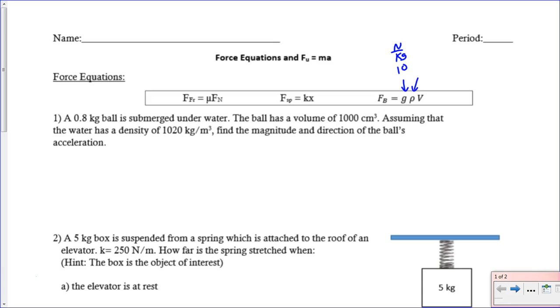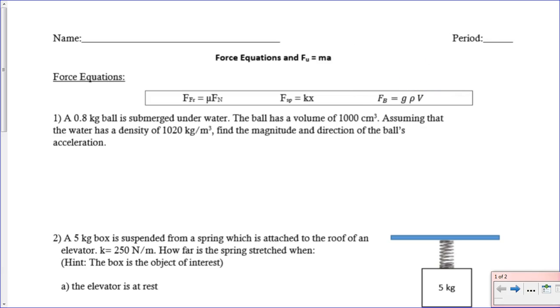Rho is the density, and it has to be in kilograms per meter cubed. And then lastly, we have the volume, V. For both the density and the volume, we're talking about the fluid that's displaced. V is measured in meters cubed. We have to be careful to have everything in the right units here, because if it's not in the right units, you won't get the correct answer.